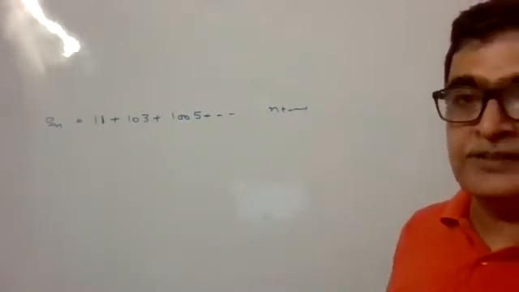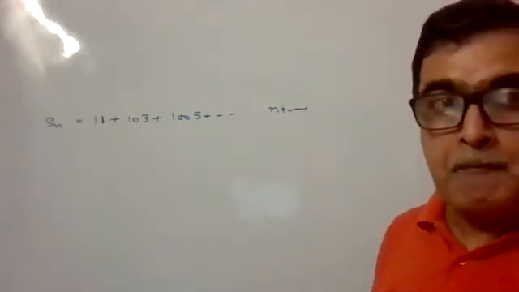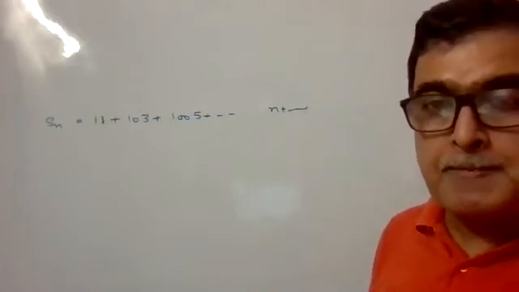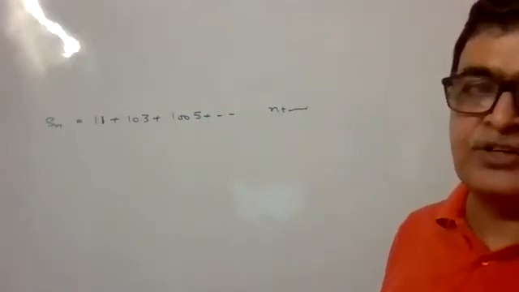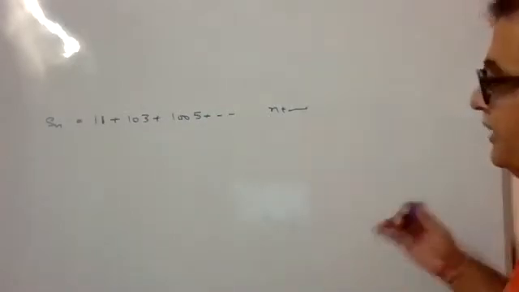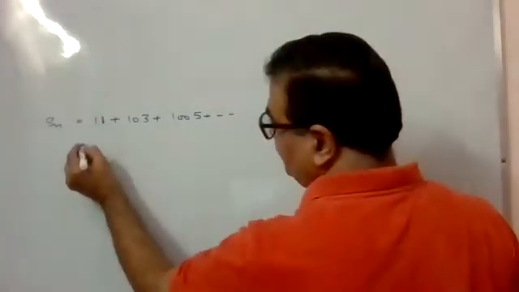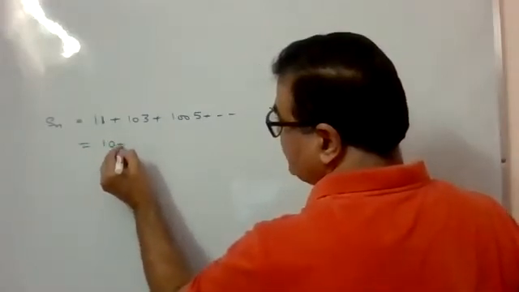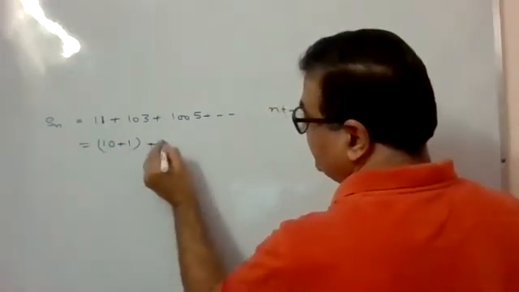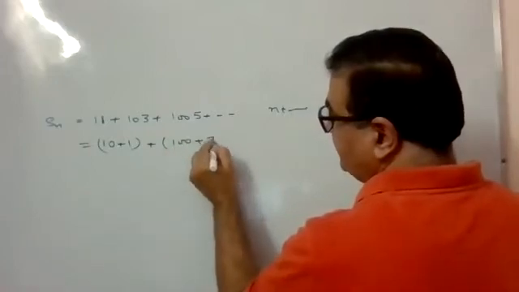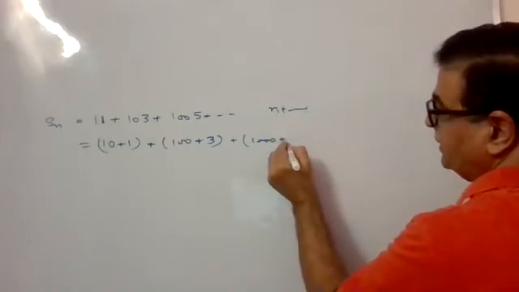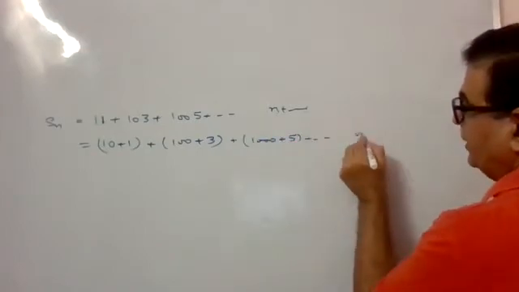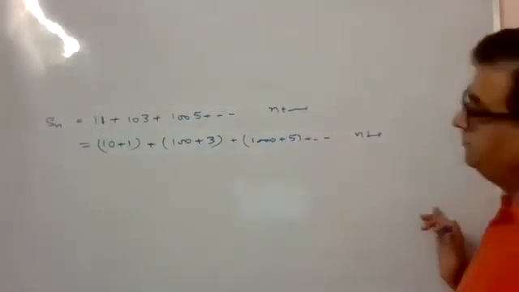So we can write this as 10 plus 1, this will be 100 plus 3, this will be 1000 plus 5, till n terms.